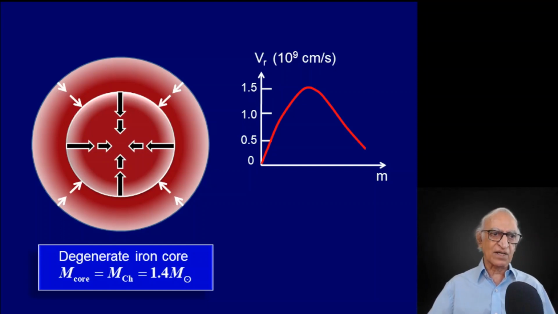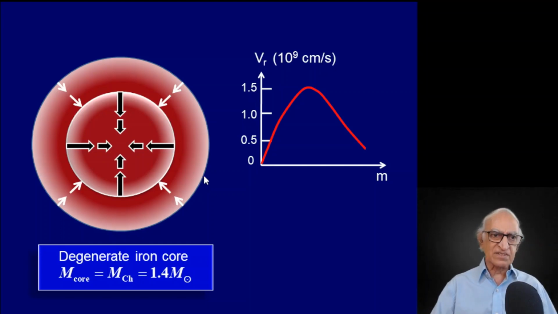So let us look at the collapsing core. What I have shown here is just the iron core, and I have divided the iron core into two regions, the inner region and the outer region, for a very specific reason.